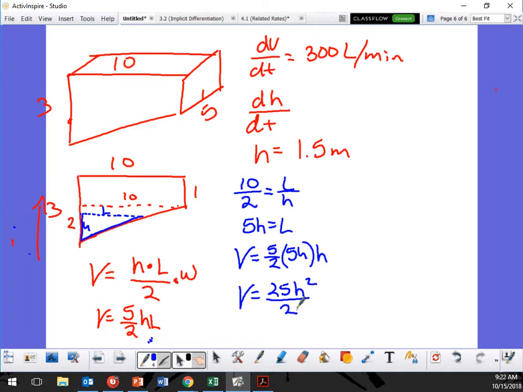Are we okay? By using my similar triangles up here, I was able to get rid of those. And so now from here, I could actually go ahead and do this. So now I have an equation for V, so I can go ahead and take my derivative now, right?